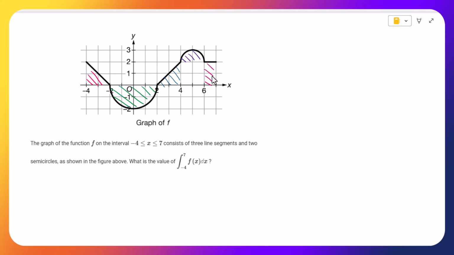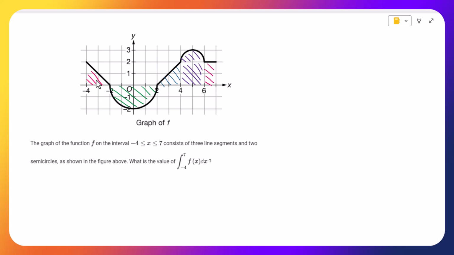I'm sorry, my purple one's a little wrong. I just completely left out all this other good stuff right here. We should also be looking at this area. This is area under our curve as well. Let's just look at this in pieces. So this piece right here is a triangle. What is the area of this triangle?